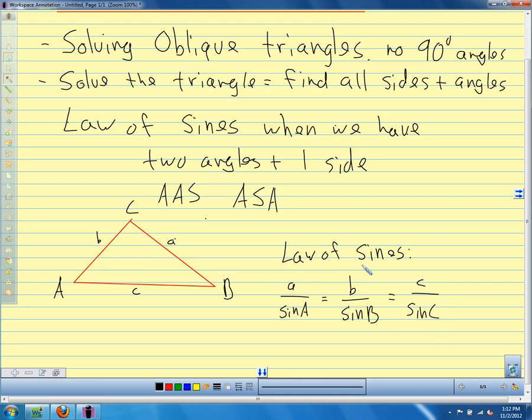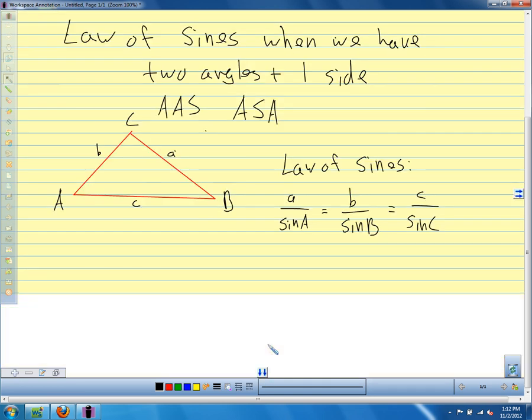So we can use any two of these three to come up with an equation. We can also take the reciprocal of everything, we can flip everything. Sometimes it's more convenient to do it with our sines on top and our sides on the bottom.